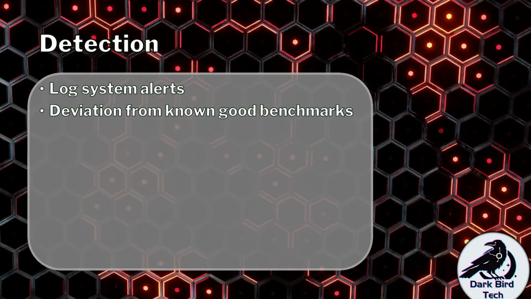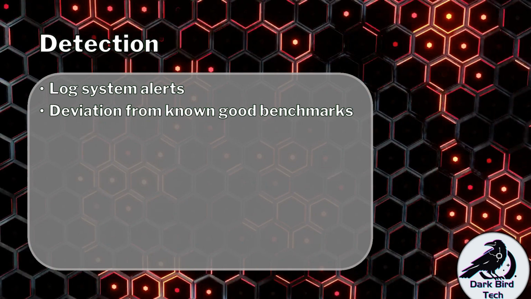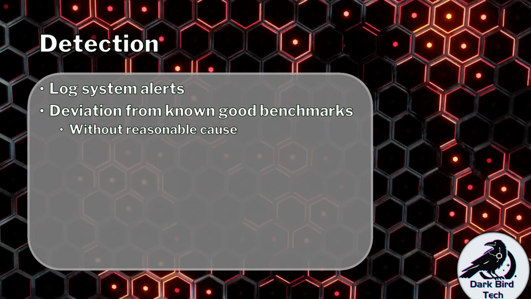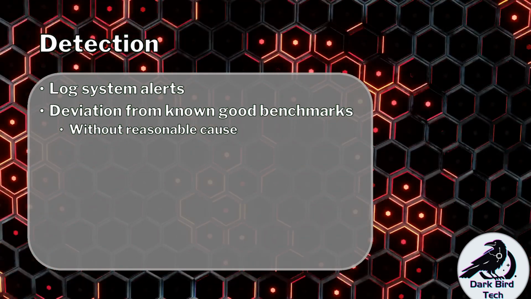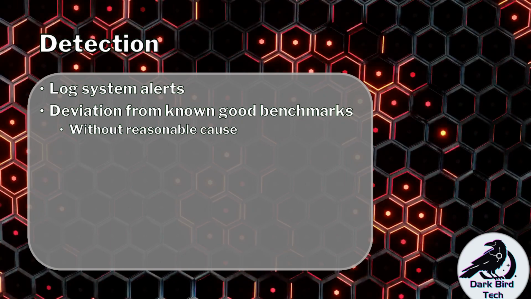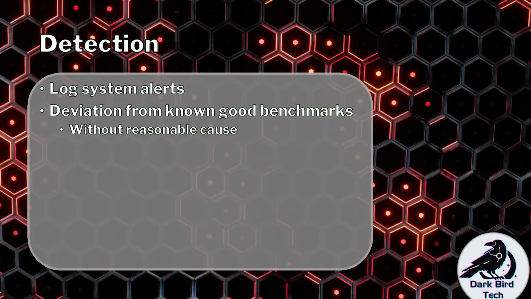You could be looking at systems deviating from known good benchmarks and baselines without a reasonable cause, obviously. If, for instance, it's financial year end and your employer is listed on the stock exchange, I can promise you you're going to see some unusually high activity, especially in the financial section within your network.